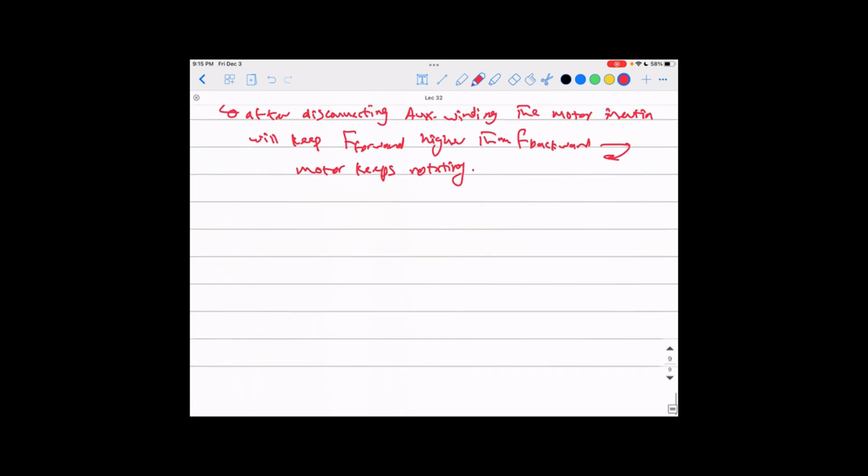Okay guys, again, what are the pros and cons here of this method? So the pros here, it is very simple and cheap. You just need another winding, that's it.